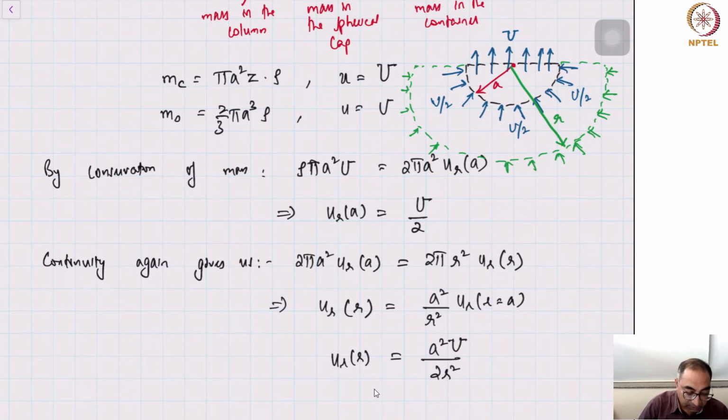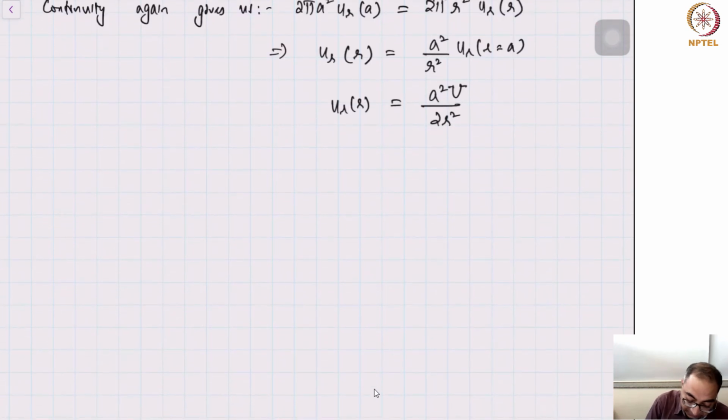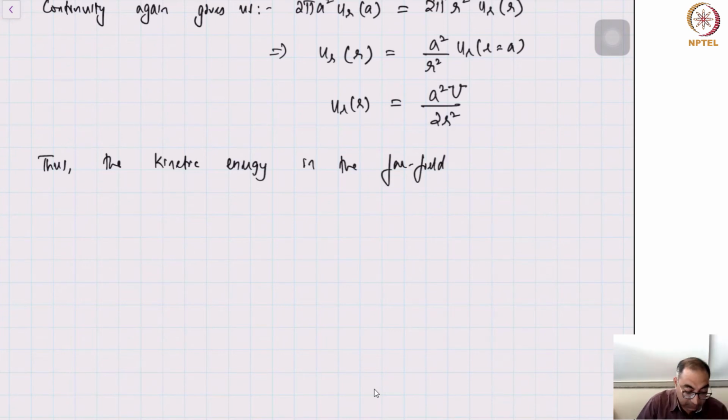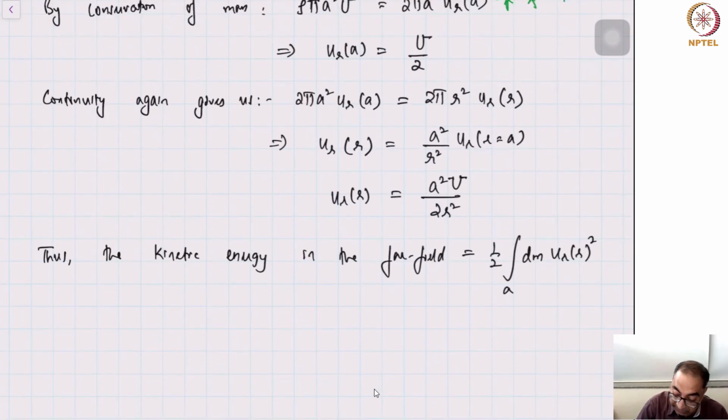Okay. So now I can write down the kinetic energy in the far field. This I can write as half, integrate over the whole volume, dm ur of r whole square. In this case, I'm going from a to infinity.